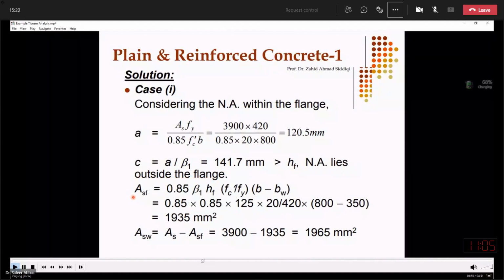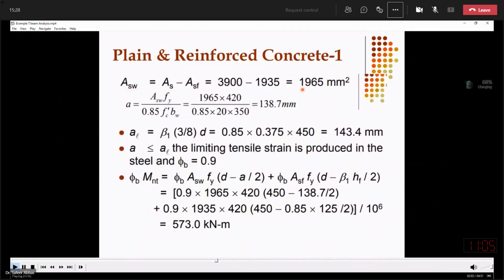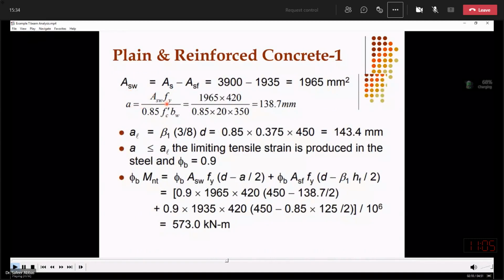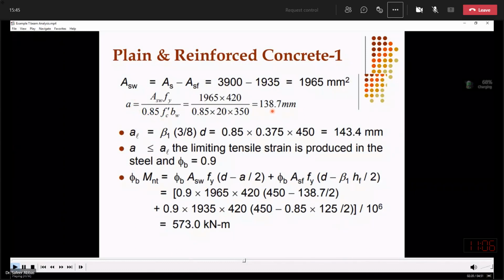So we will calculate Asf and then we will calculate Asw. Asw we got is 1965 millimeter square. We will calculate a, which is Asw fy divided by 0.85 fc' bw. If we plug in these values, we will get 138.7 millimeter.